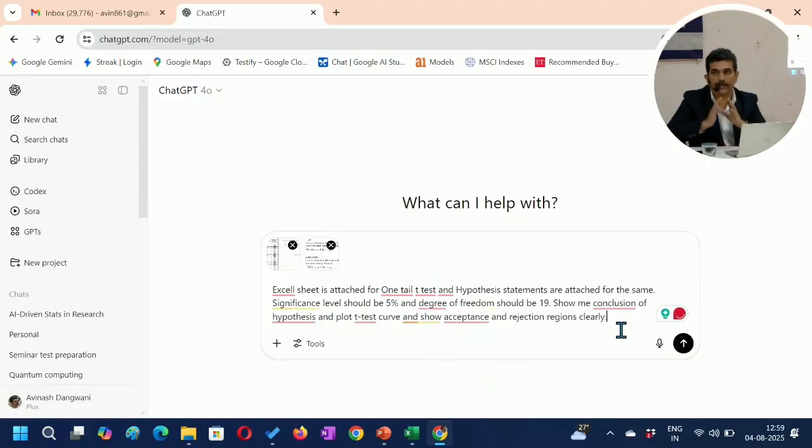So I think it is enough. One tail t-test is specified, significance level is specified, degree of freedom is specified.